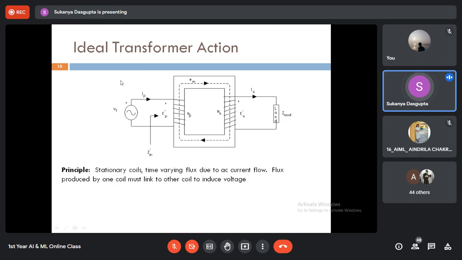Whenever this AC voltage is connected to the primary side, the alternating current IP will be flowing through the primary winding. So this current is alternating, and the flux phi is generated because of this alternating current. So this phi is also alternating in nature. So it's a time varying flux. So though the coils are stationary, because the common flux which is confined within the core is alternating, alternating EMFs will be induced at both sides of the transformer.